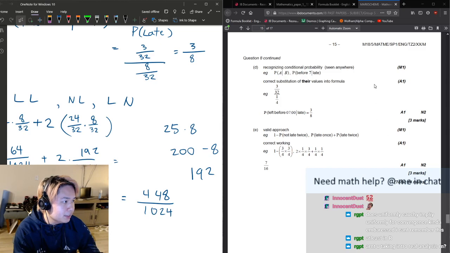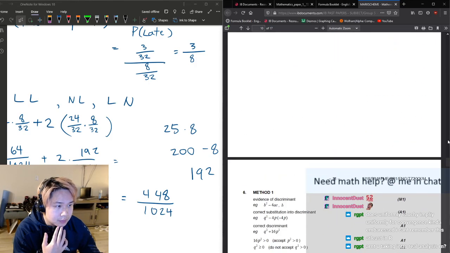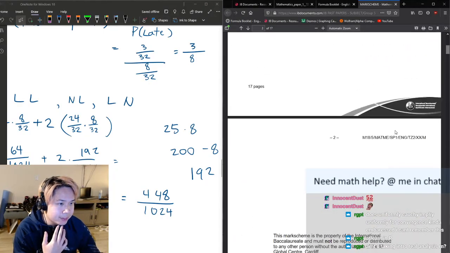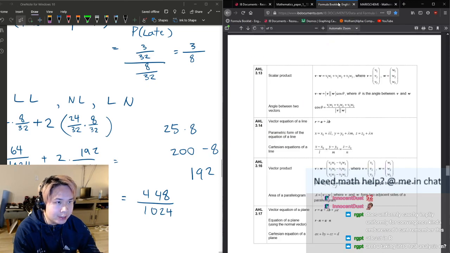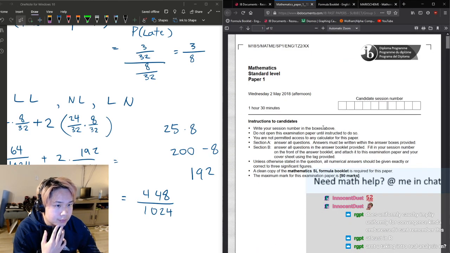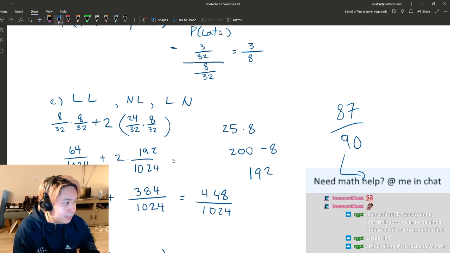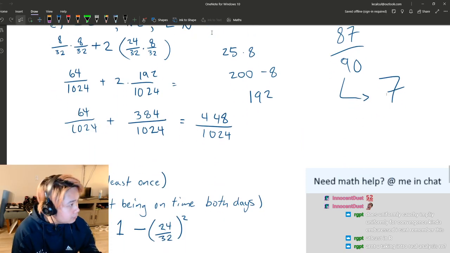But then all of these I would get right because I got follow through. So I only lost 3 marks out of however many this is out of. 90 marks. So 87 out of 90, which is definitely an IB grade of 7. Nice.